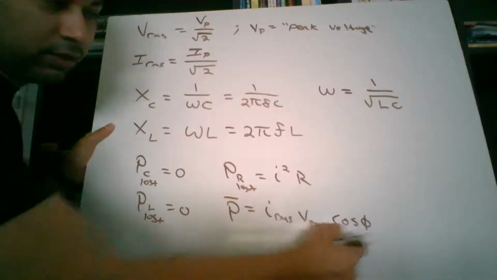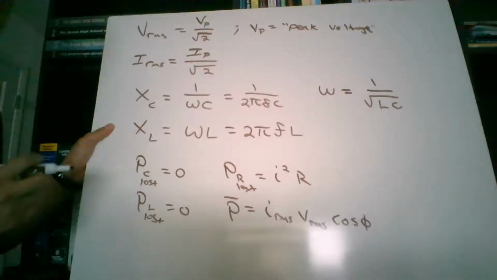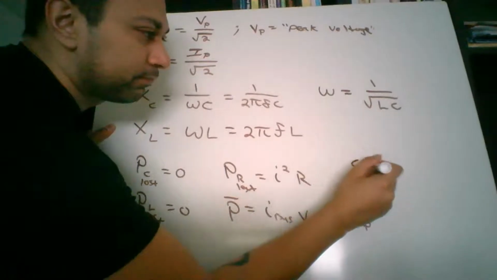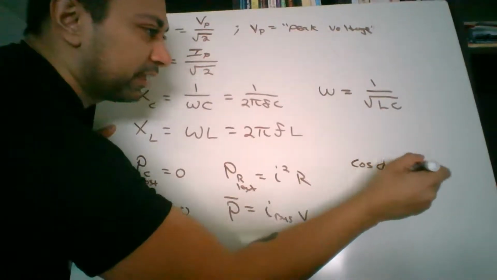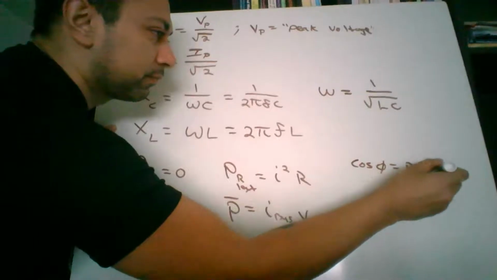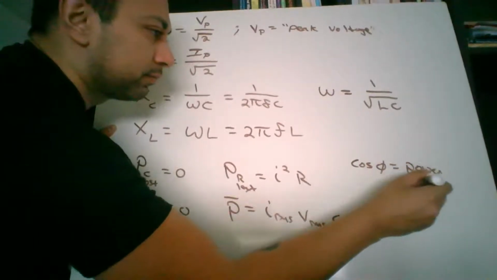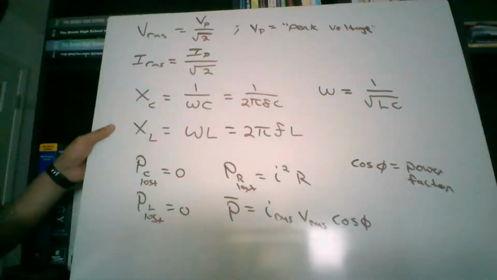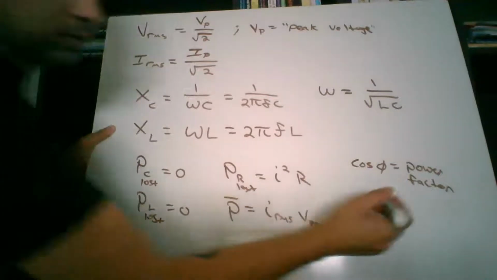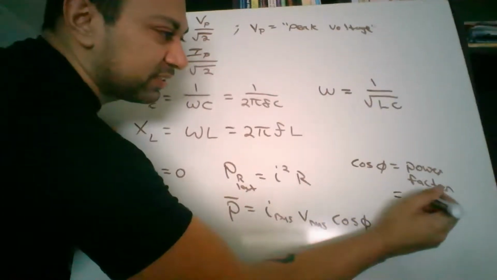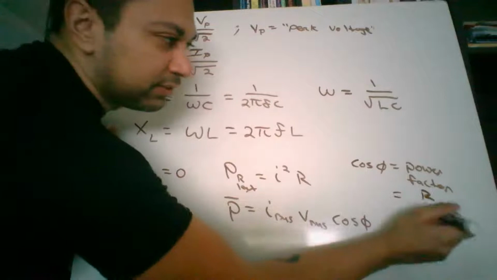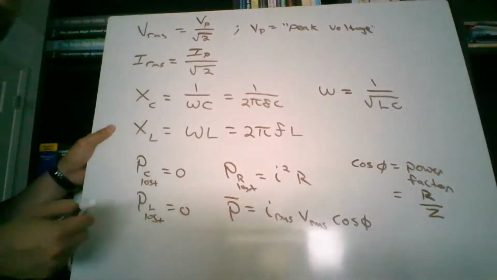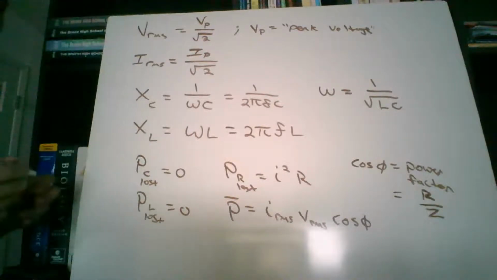And this right here is called the power factor. So cosine phi is defined as the power factor, and that is going to be equal to the resistance in a series circuit divided by the entire impedance, Z. All right, so that is the power factor.